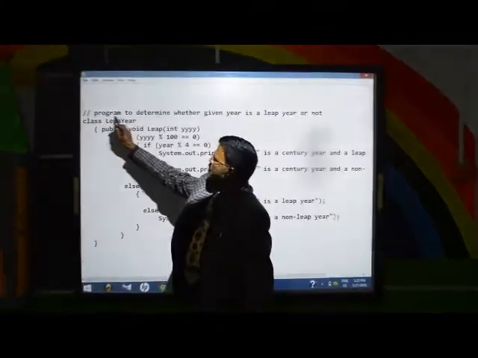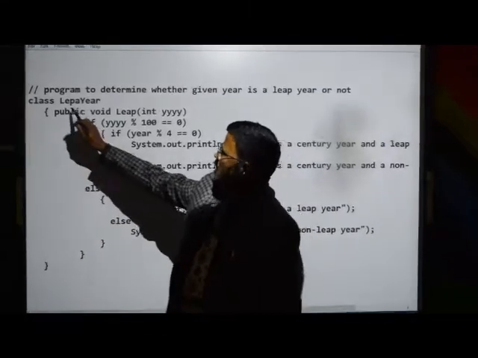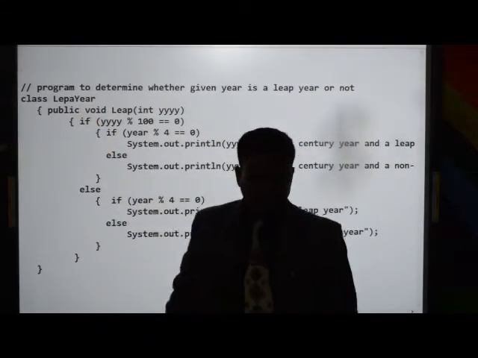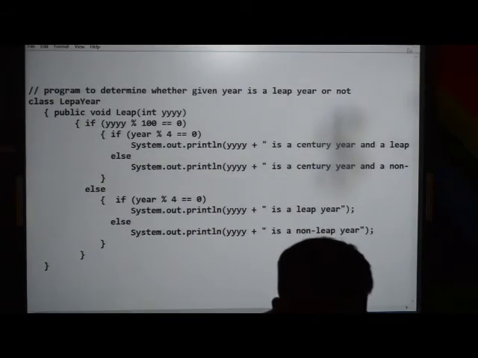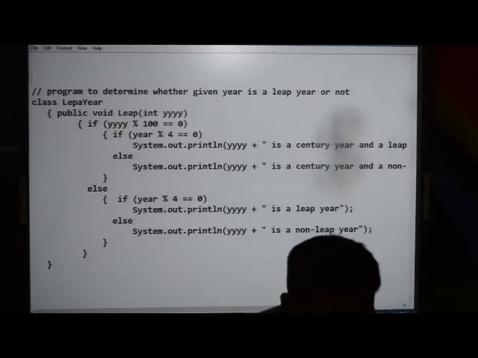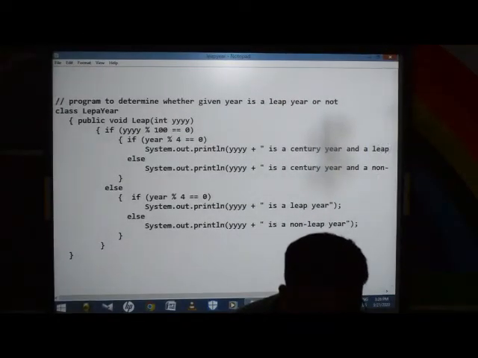What class name did I give? We the users give the name. The name is leap year. Any name can be given.